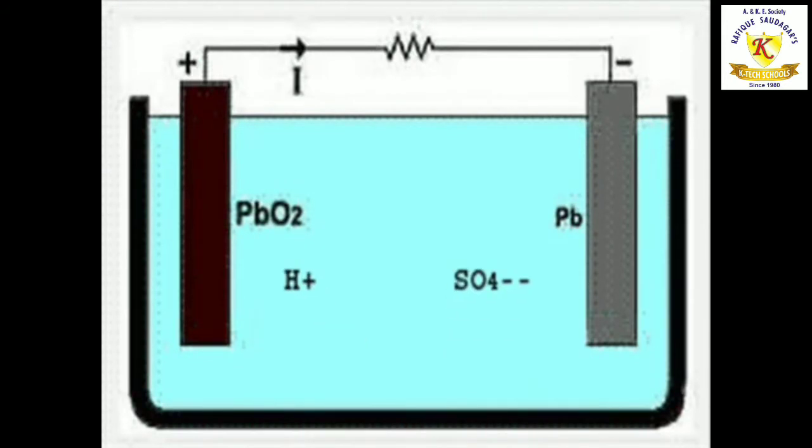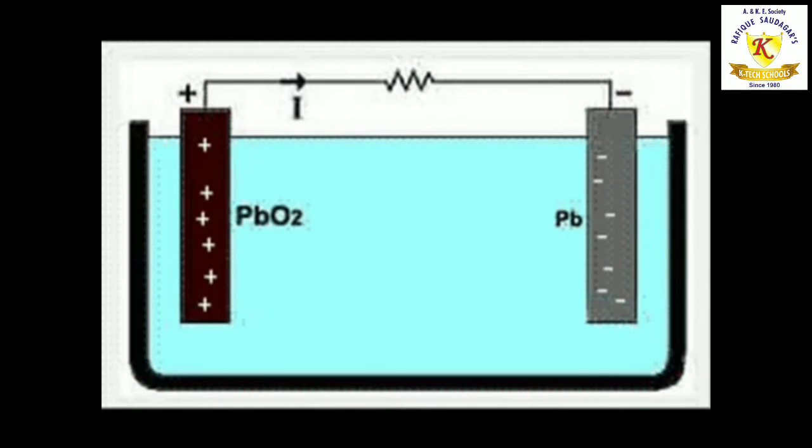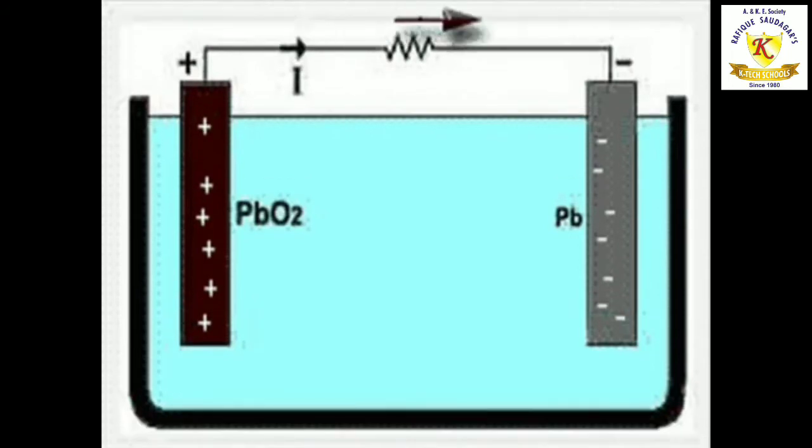As the positive hydrogen ion takes electrons from the lead peroxide plate and the negative sulfate ion gives electrons to the lead plate, there would be an inequality of electrons between these two plates. Hence, there would be a flow of current through the external load between these plates for balancing this inequality of electrons. This process is called discharging of lead acid batteries.